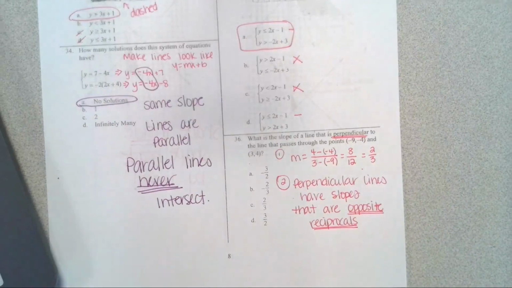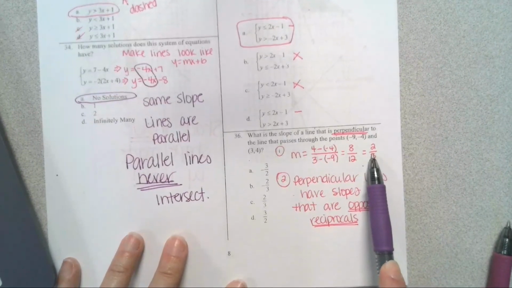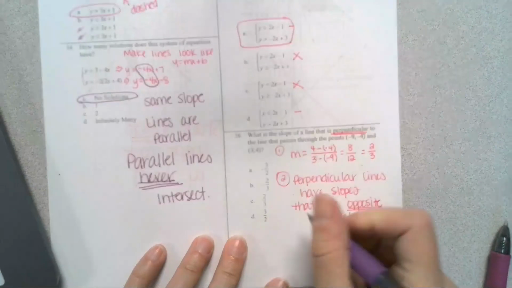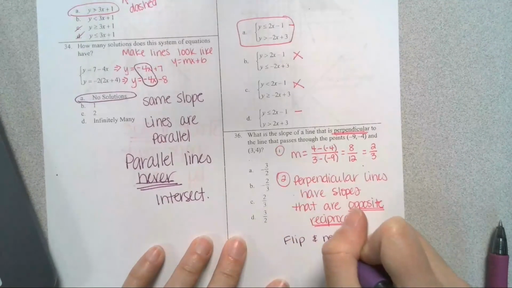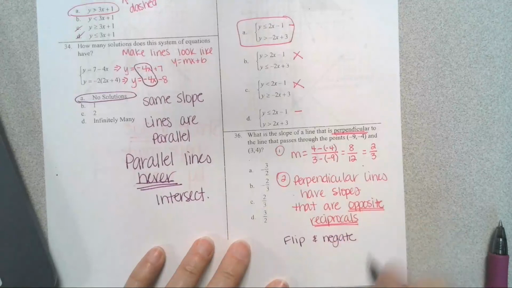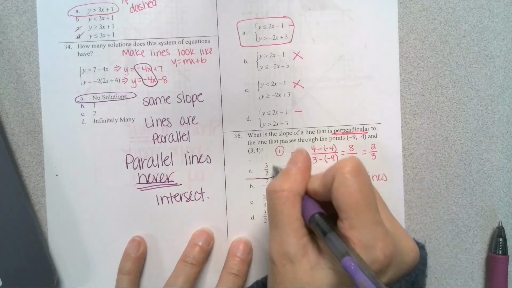So to take the slope of this line and to make it perpendicular, you have to flip and negate, meaning make it negative and flip it upside down. So the answer is A, -3 over 2.